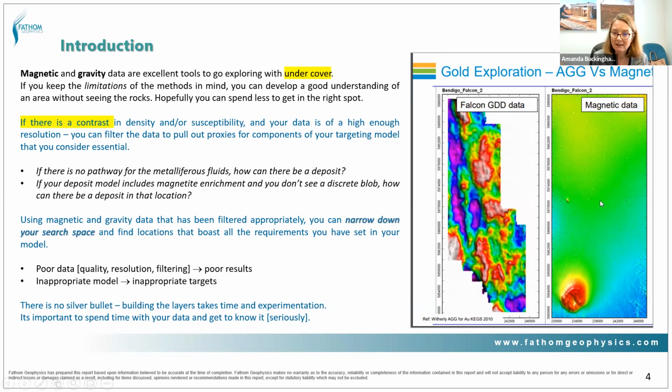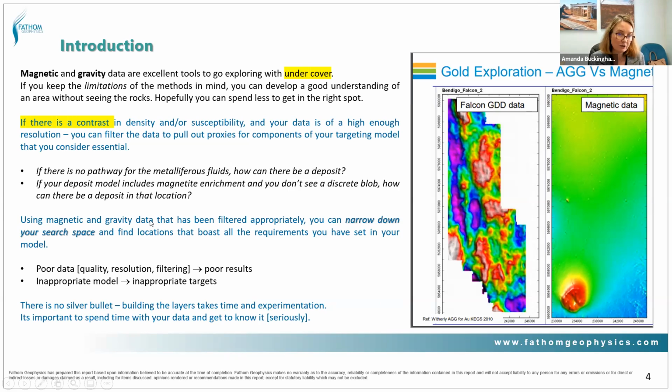There's just nothing in the magnetic data at all. There are no contrasts in susceptibility in these particular sedimentary units. So you do need to be aware of what sort of contrasts you would expect, and then you need to collect the appropriate data so that you can map out those contrasts.